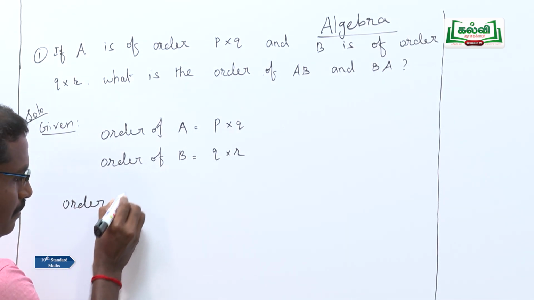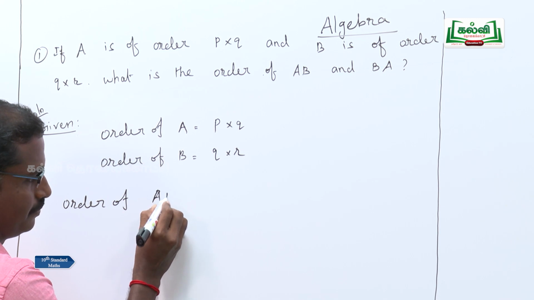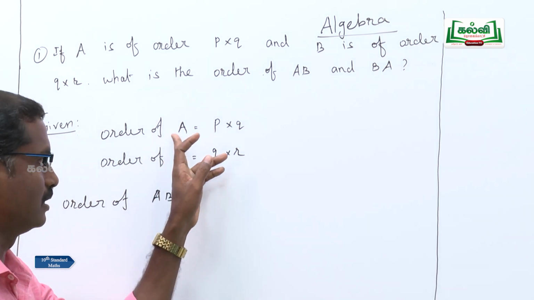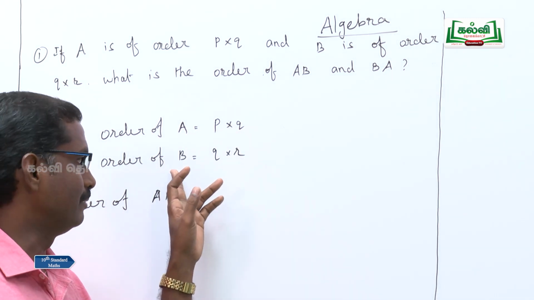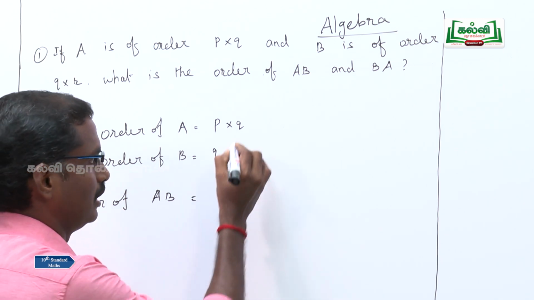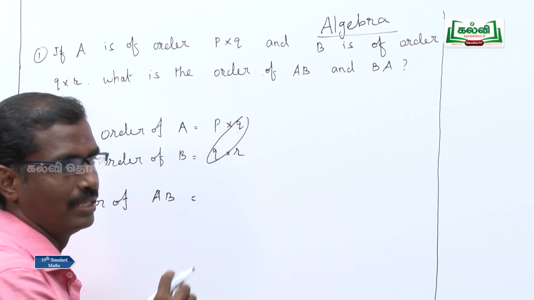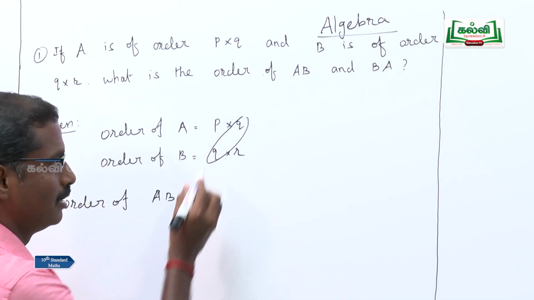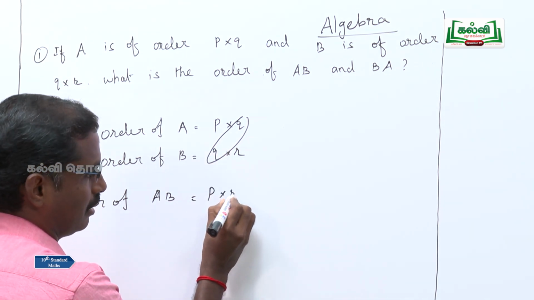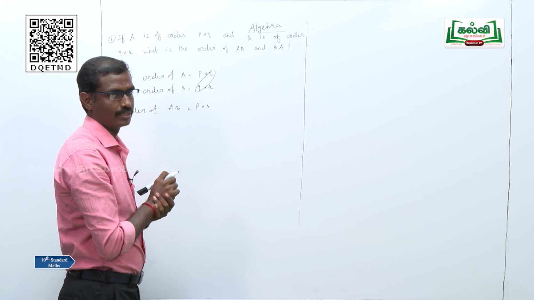First we have to find the order of AB. In the first matrix the number of columns and in the second matrix the number of rows are both equal, so we can find the order of product AB. The remaining value P by R is the order of product AB.